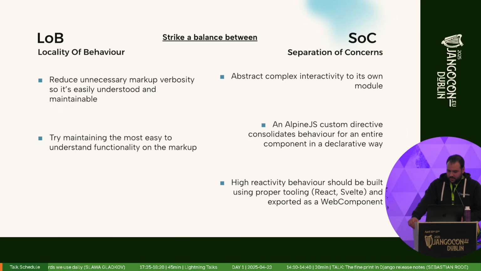So if the Alpine.js statements scale, move them to their own declarative custom directive. And if you really need a lot of client-side state management, migrate it to a proper tool like an SPA framework and export it as a web component.